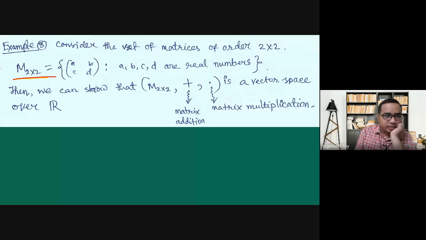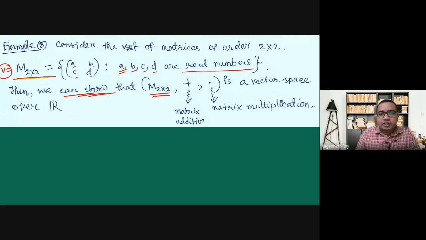Suppose V is the set of 2 by 2 matrices, a collection of matrices with entries A, B, C, and D, which are real numbers. Then we can show that this, with matrix addition and scalar multiplication, is a vector space over the field of scalars, the real numbers. Now it has a basis.